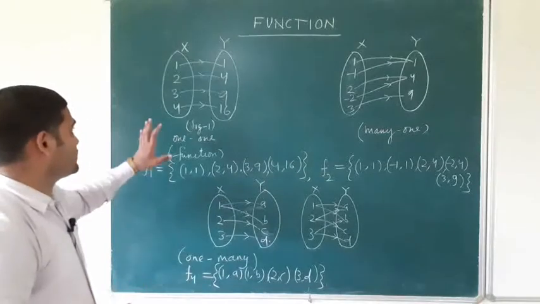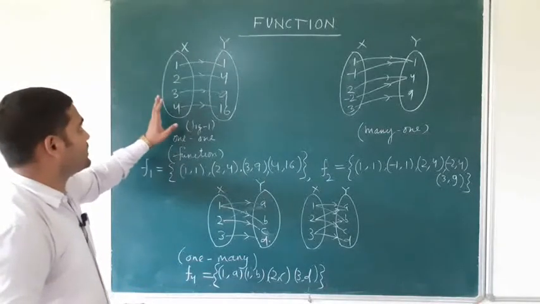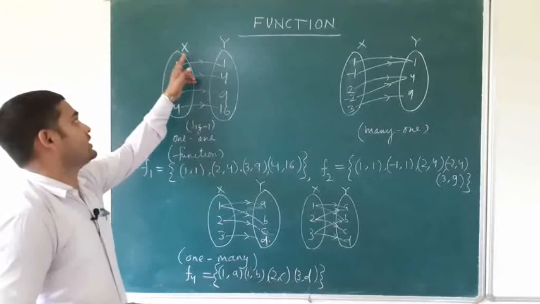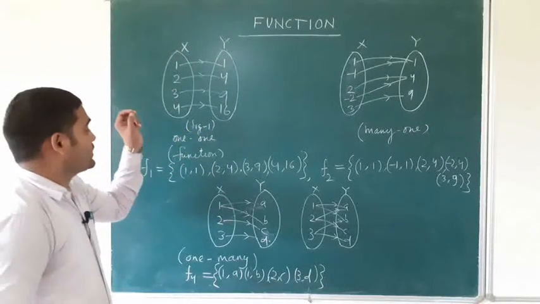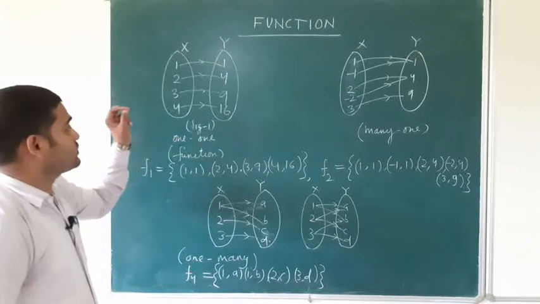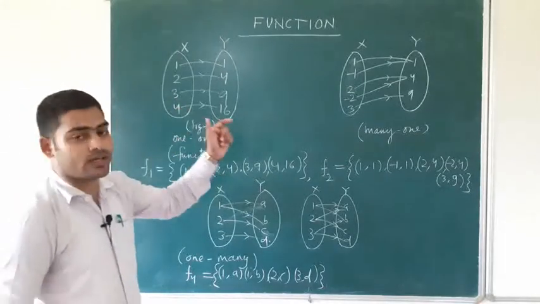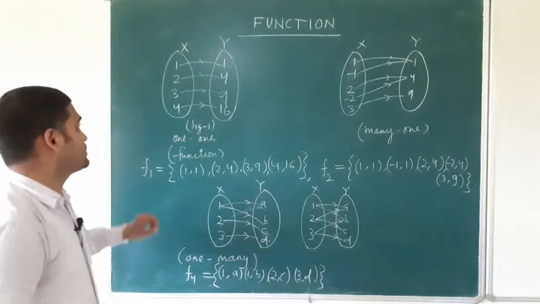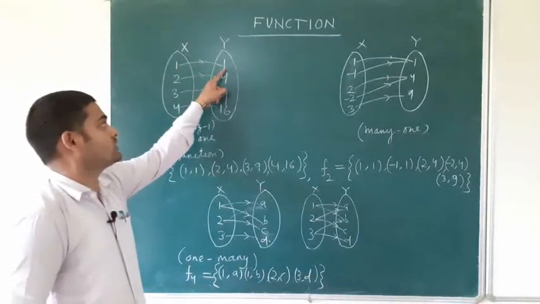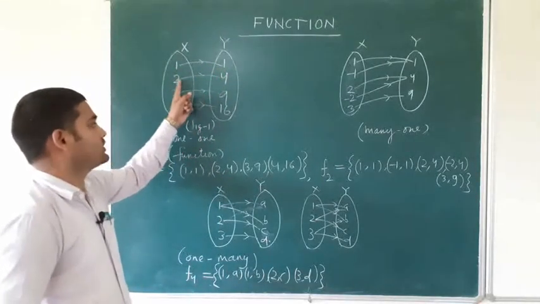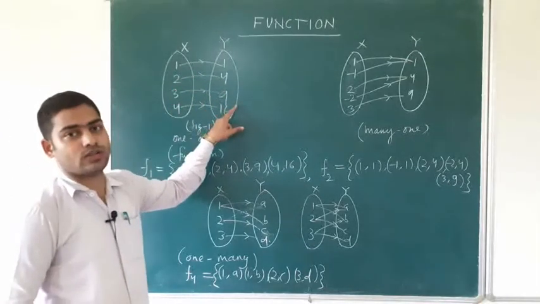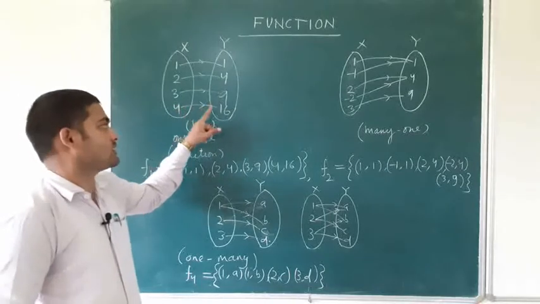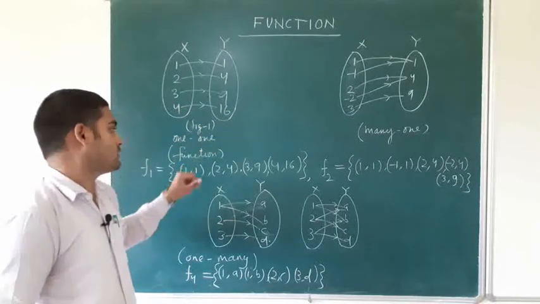Now you see every element of set X is related to exactly one element. See, 1 is related to 1, 2 is related to 4, 3 is related to 9, 4 is related to 16.